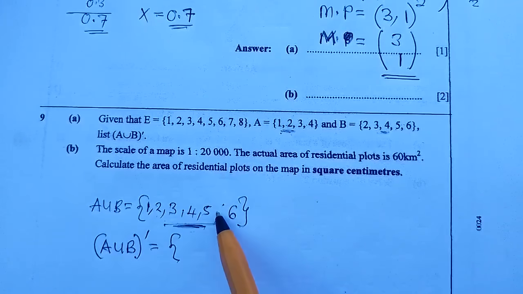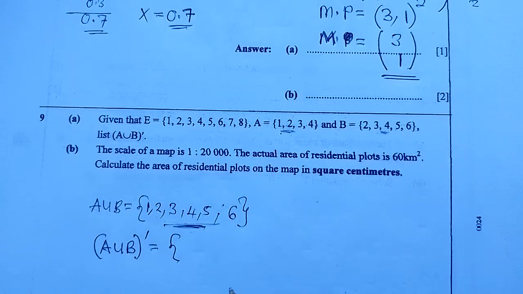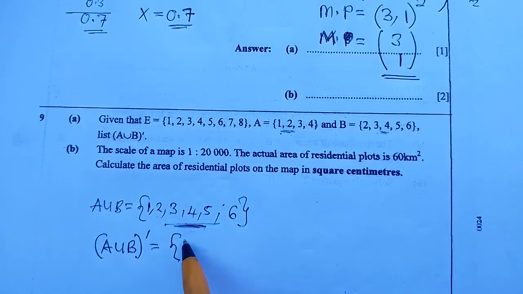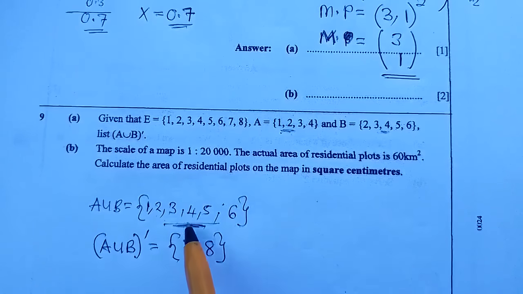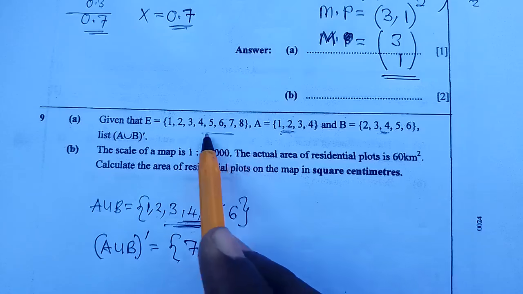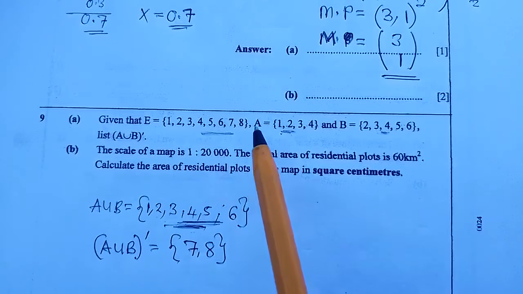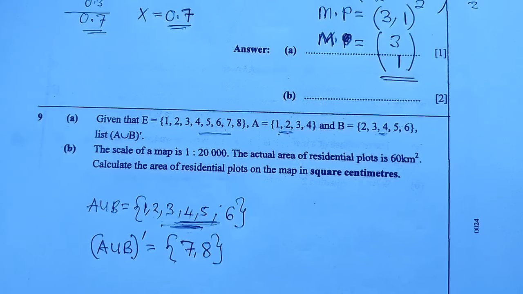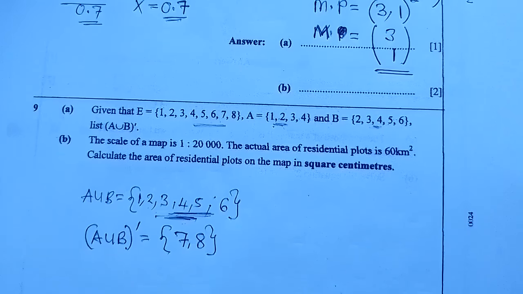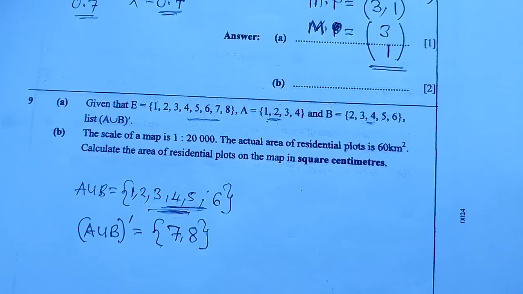So what are the elements? 7 and 8. Just those two. So when you remove this from there, what are you going to remain with? 7 and 8. So that's your answer.